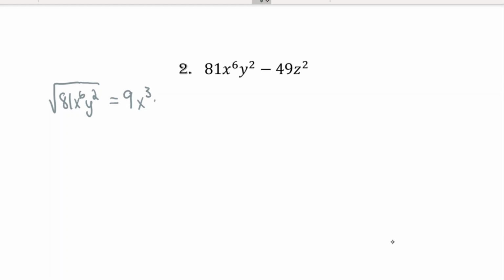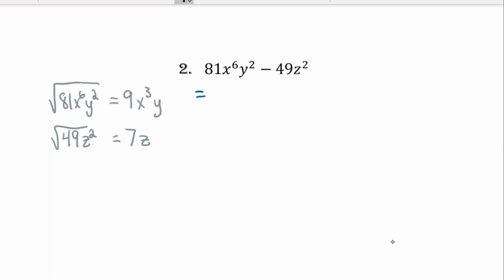And then the square root of y squared is y. And then for 49z squared, the square root of 49 is 7. The square root of z squared is z. So yes, we can successfully square root these guys.